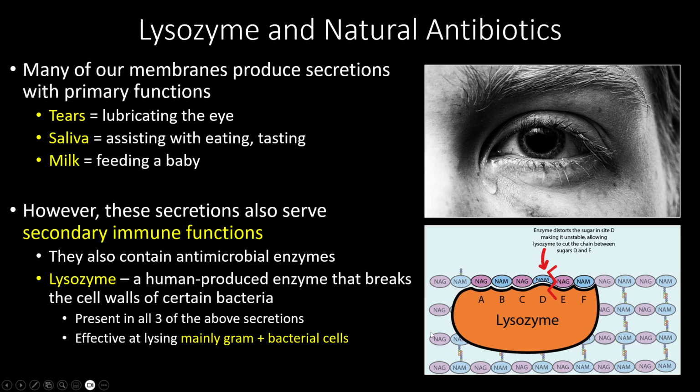So it's mainly useful for gram-positive bacterial cells because, again, you need to have exposure to that cell wall. If lysozyme can't meet up with the cell wall, there's not going to be much of an effect. So that's a really important aspect here. But lysozyme's super neat. It's present in all three of these secretions: tears, saliva, and breast milk.